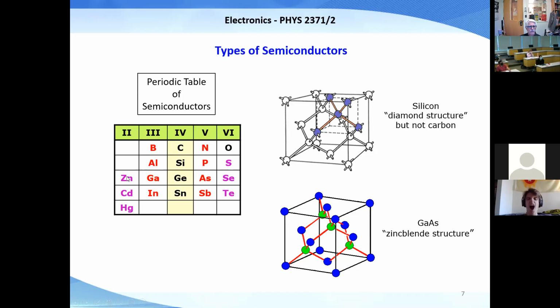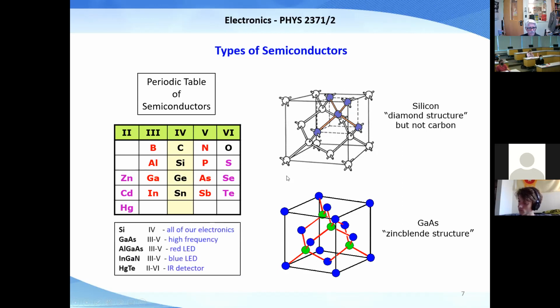And you can also take zinc and selenium, a group 2 and a group 6. So as long as you take things that average 4, you can create semiconductors that have the same structure, but they're just different atoms and they have a lot of different properties. Like silicon, all of our transistors.